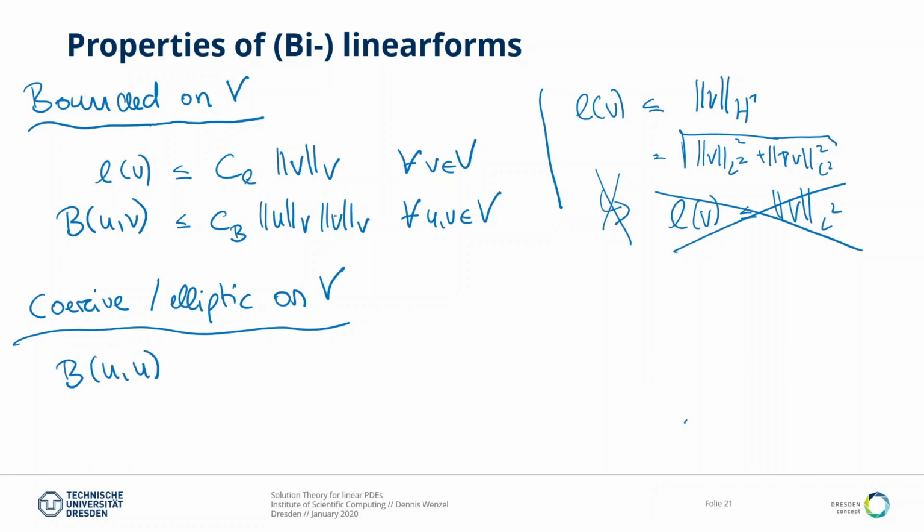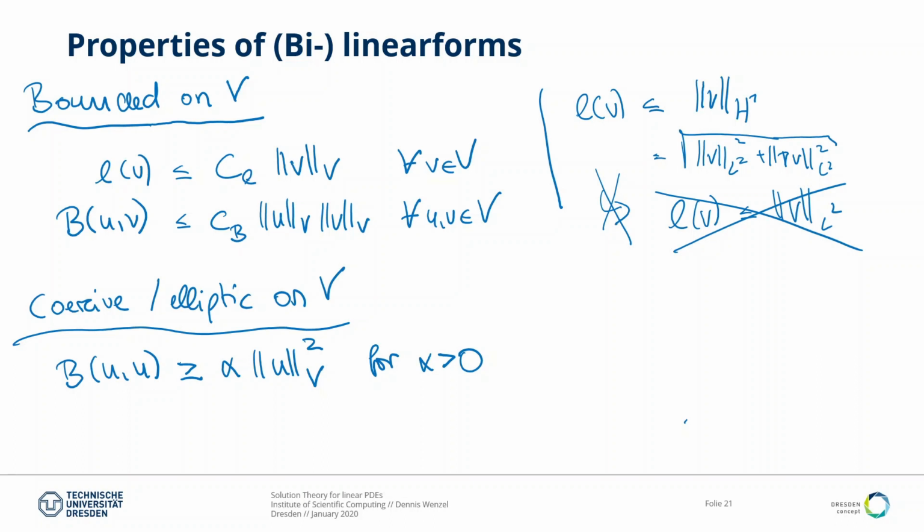Okay, here before we had B of U and V, and now we put in the same argument twice, and then we want to bound this from below by some constant alpha times the norm on the space V squared. And here it is important that alpha is supposed to be actually bigger than 0, and 0 is not allowed here.